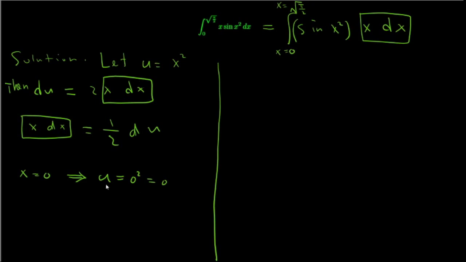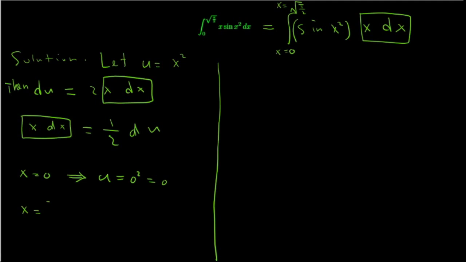Again, that's the u value for the x value of 0. Later on, when converting to the new integral, we need to have that as the lower limit. And likewise, we need to get the u value for the x value of the upper limit, which is square root of half pi.